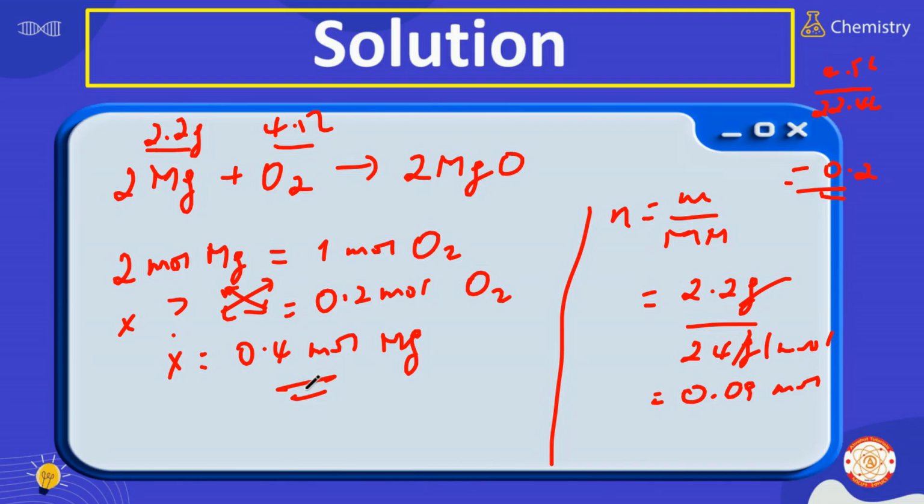So if I have 0.2 moles of oxygen, the amount of magnesium that completely reacts with this amount is 0.4. But how much do I have?